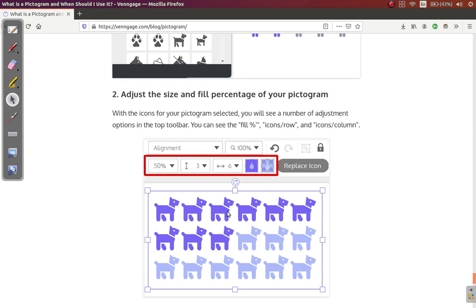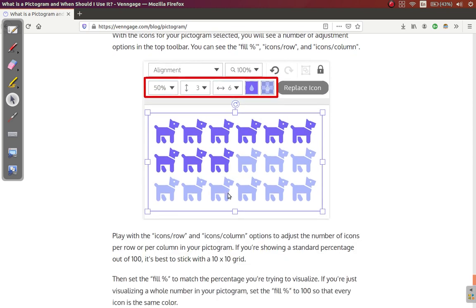Here you have icons representing dogs. 1, 2, 3, 1, 2, 3, 4, 5, 6, 3, 6, 18. There's a total of 18 of them.